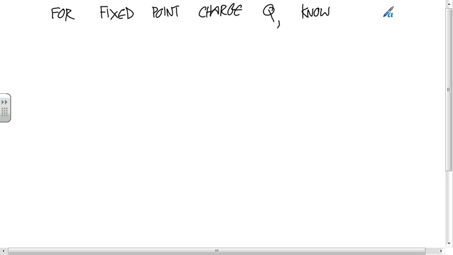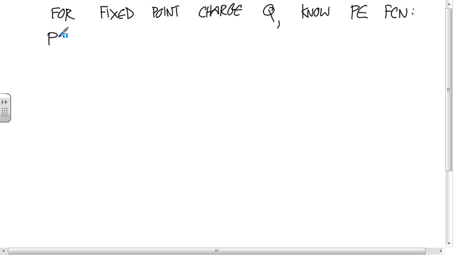Okay, so for a fixed point charge, capital Q, we know the potential energy function.